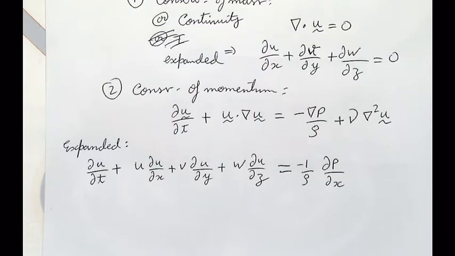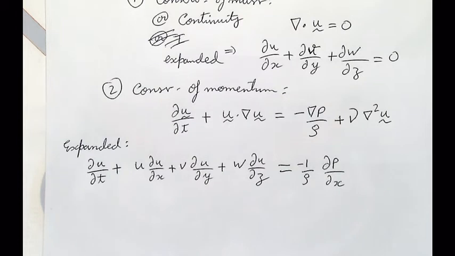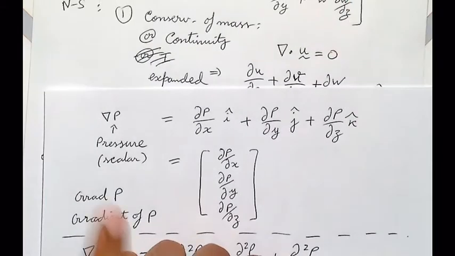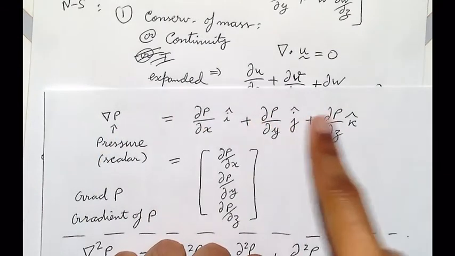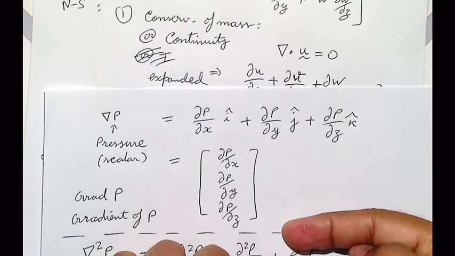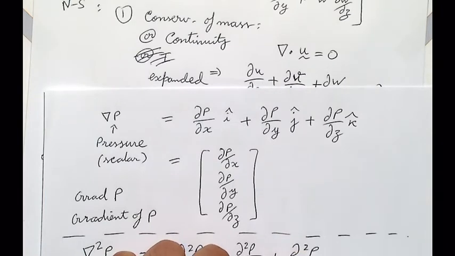Right? Why? Don't think physically, think mathematically. What did we say gradient of P can be expanded as? It was this, right? Gradient of P is this, and that's the I, J, K components. Yes. Or maybe I misunderstood what you were saying. You were saying the same thing. I think so. Okay, so I misunderstood.